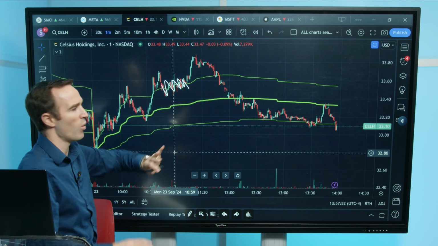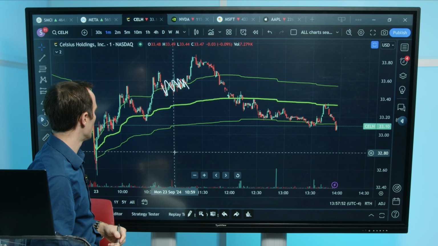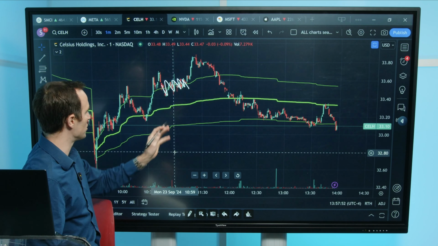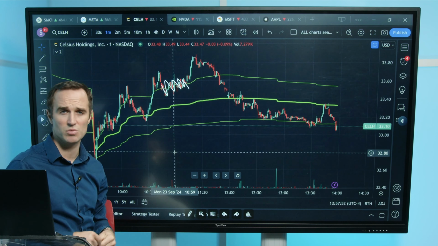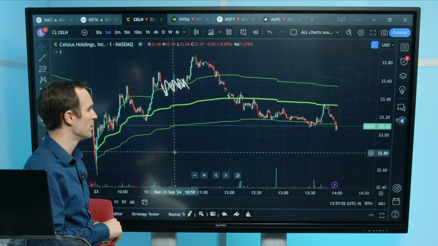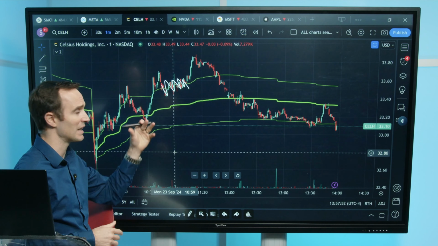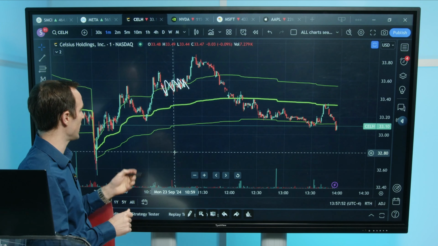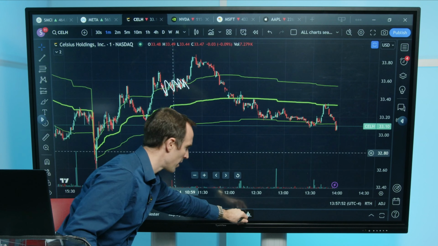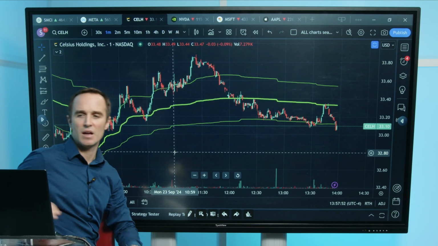So you really want to stay away from stocks that tend to do this, right? Chop around an indicator that you may use, whether it's VWAP, whether it's moving average. You really want to see a clean hit off those indicators. So in this case, I would probably move on. I probably wouldn't try to trade this.